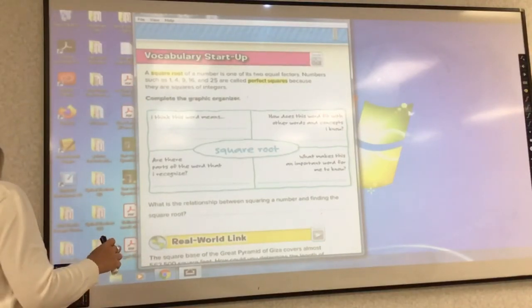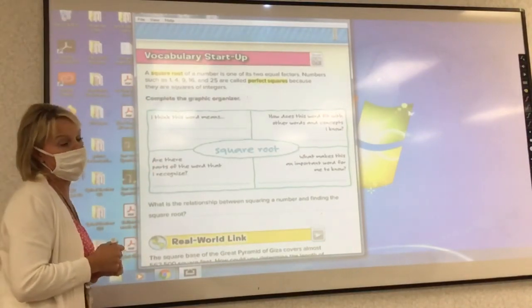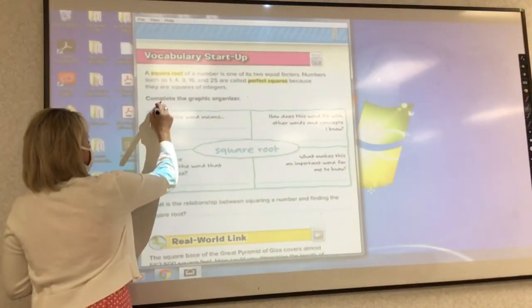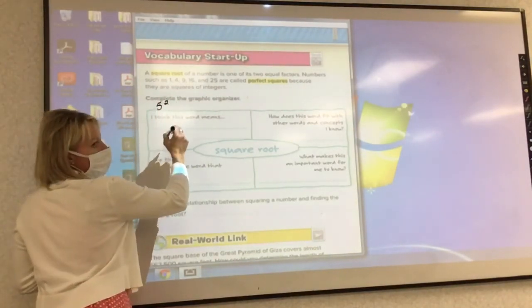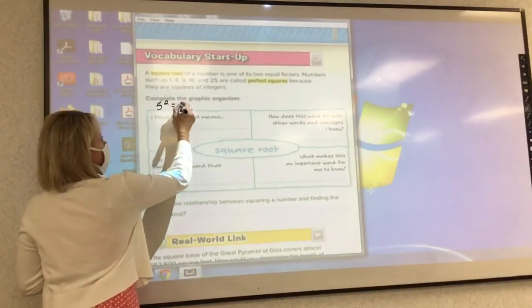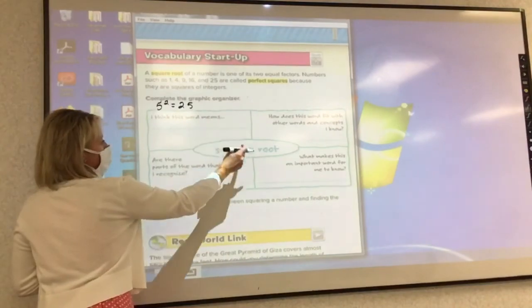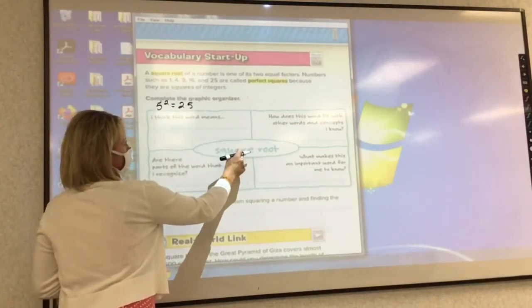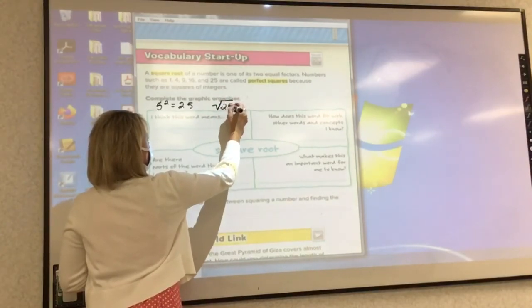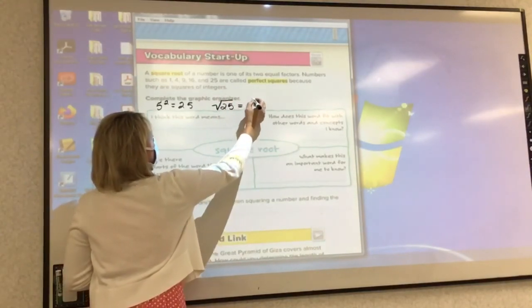Let me stop this for a second, and you're going to have to write on here too. If I have, let's just go with 5 squared, what does 5 squared equal? Just tell me the answer. 25. Okay, 25. If I need to find the square root of something, I'm going to say the square root of 25 is what? 5.